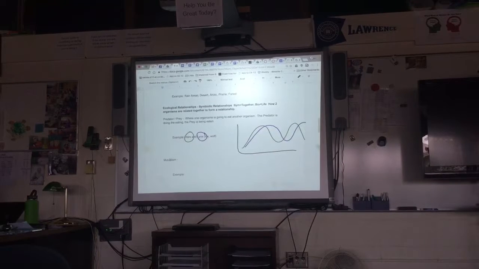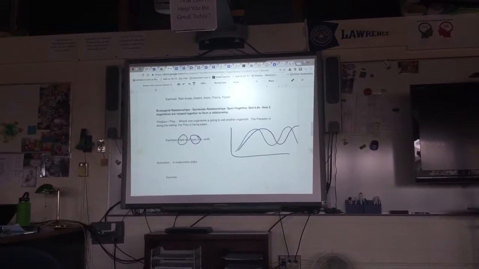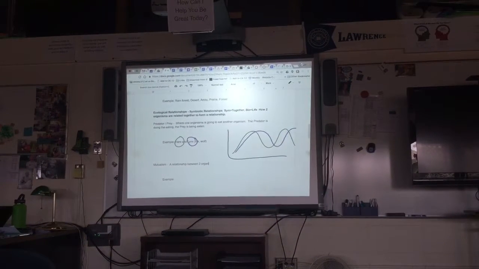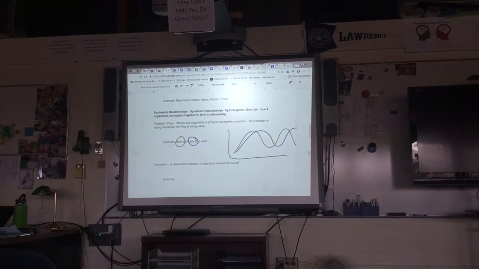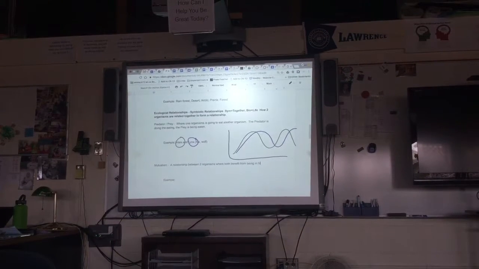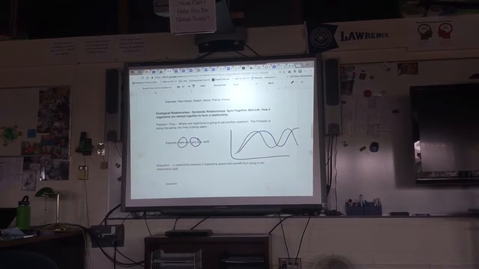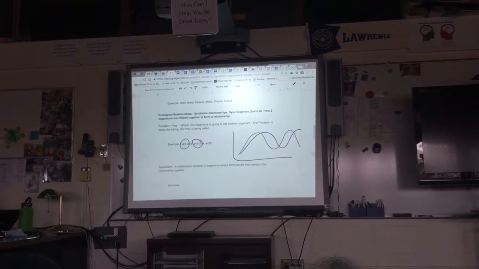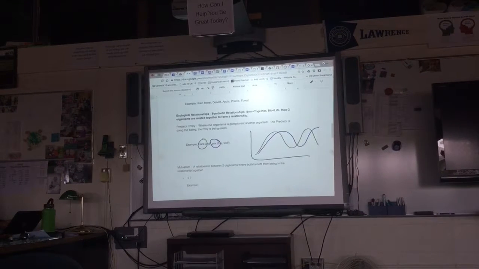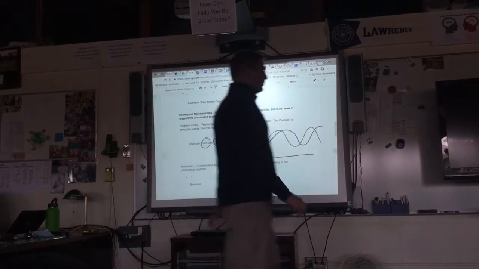So, mutualism. Now we're going to look at what we call a mutualistic relationship, or a mutualism symbiotic relationship.